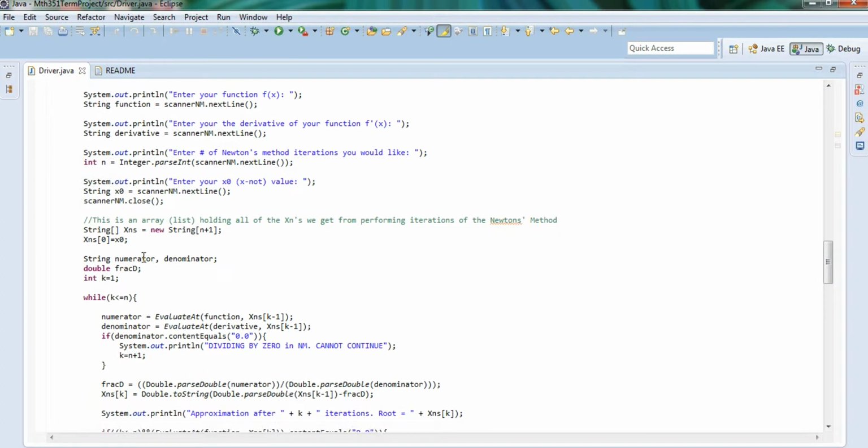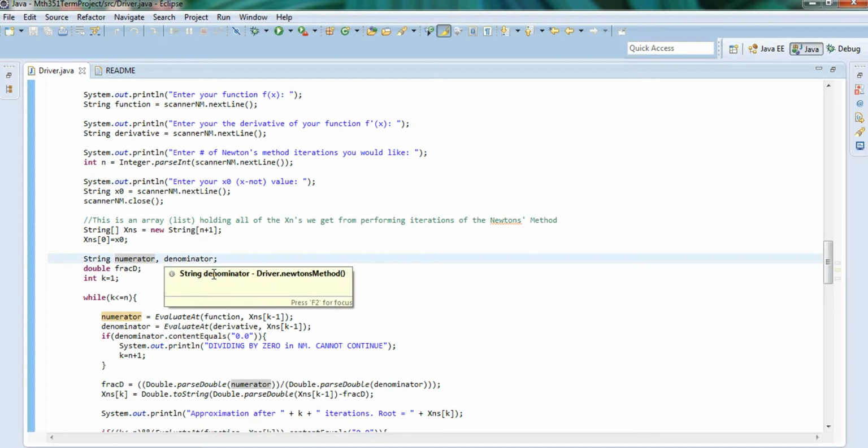So you have string, numerator, and denominator, because you have xn minus f of xn divided by f prime of xn equals xn plus 1. The numerator is f of xn, and the denominator is f prime of xn.